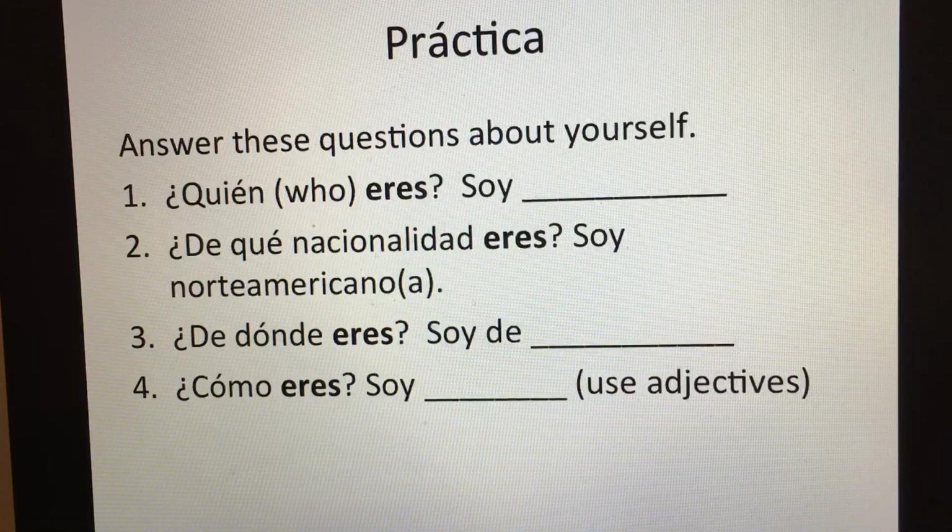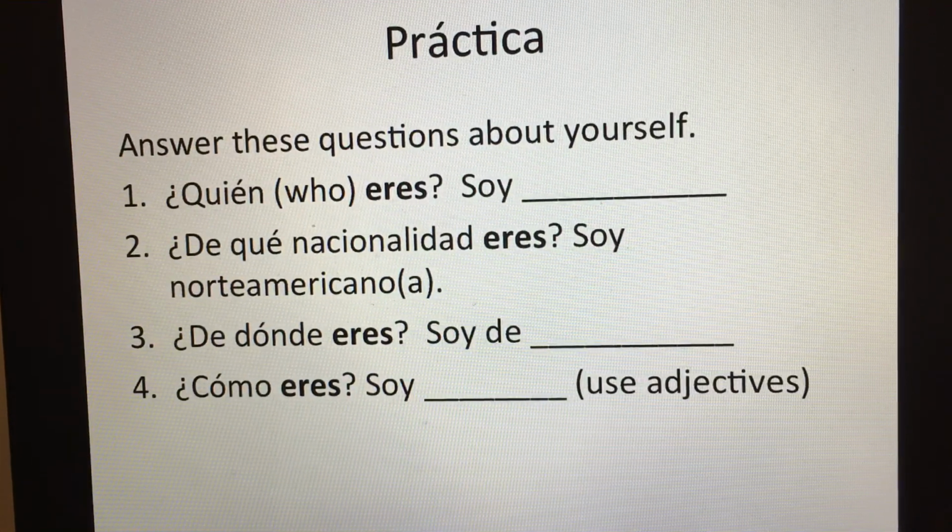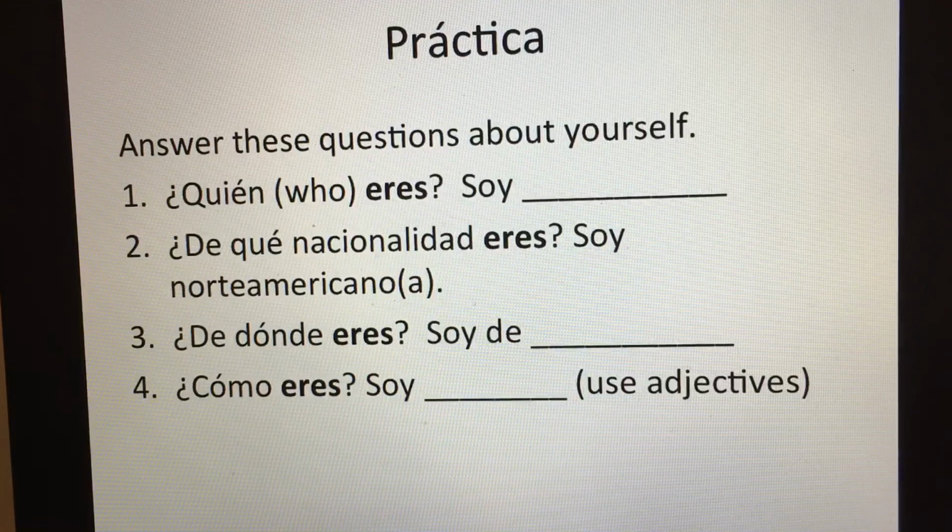If it ends in an O, if you're male, it ends in an O. If you're female, it ends in an A, with the exception of words like inteligente, because inteligente ends in an E, so you wouldn't change the E to an O nor an A. You would just say, soy inteligente. But if you were to use, let's say you want to say funny, you would say soy cómico if you're a male, or soy cómica if you're a female.